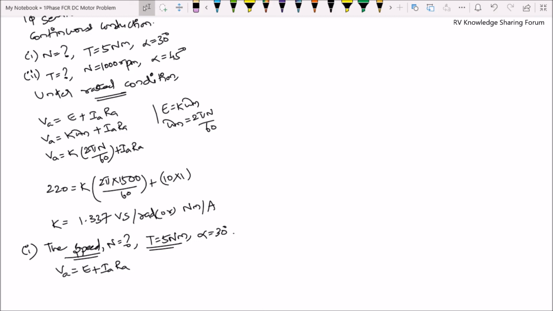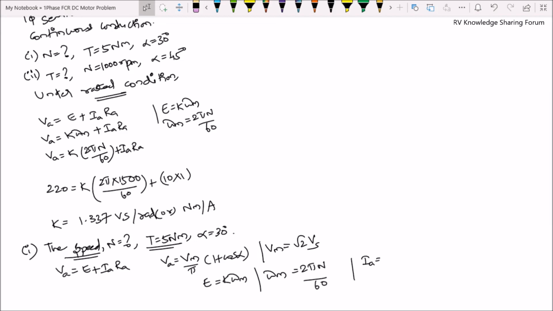For a single phase semi converter, VA is given as Vm by pi into 1 plus cos alpha, and Vm is equal to root 2 into Vs. E is K into omega m, omega m is equal to 2 pi n by 60, and Ia is equal to T by K.